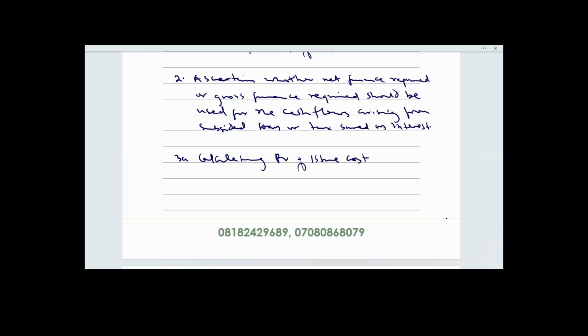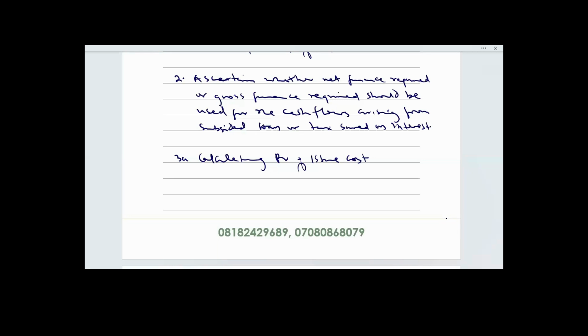Now, before we talk about calculating PV of issue cost, you must understand the meaning of issue cost. What do you understand by issue cost? Issue costs are costs associated with underwriting and raising debt and equity capital. When a company wants to raise capital, there are some costs associated with raising that capital.